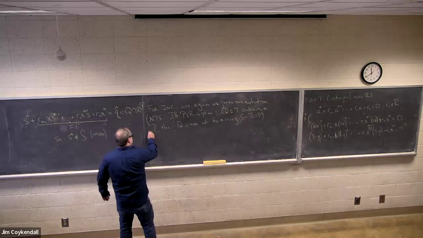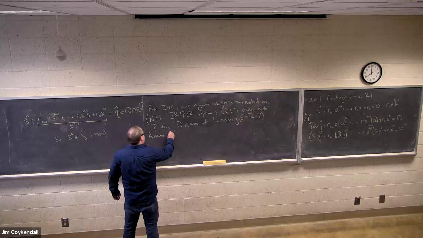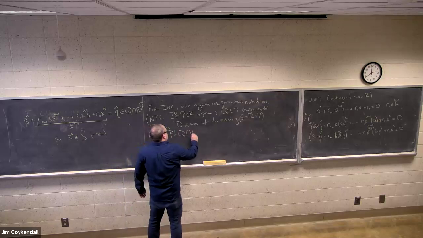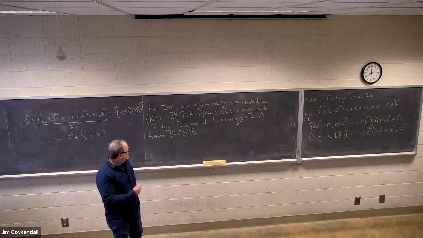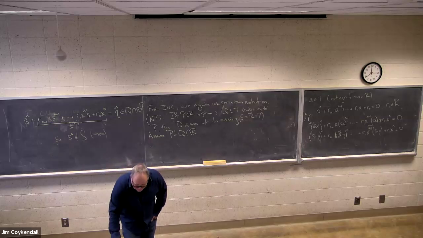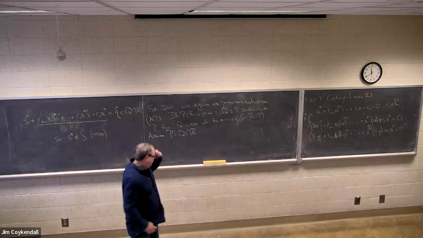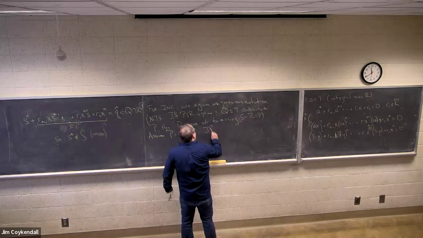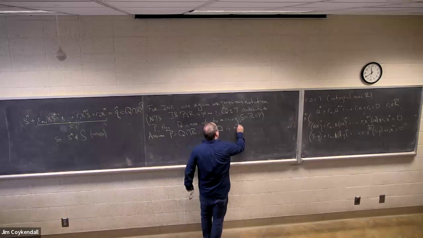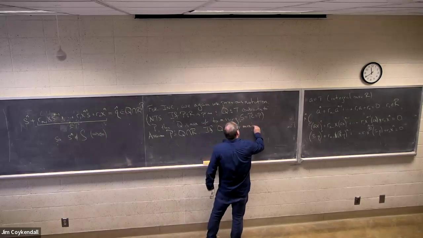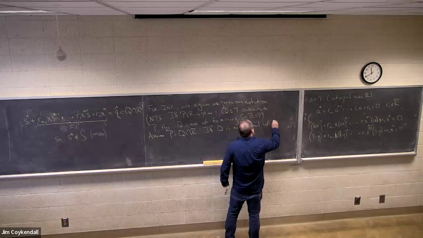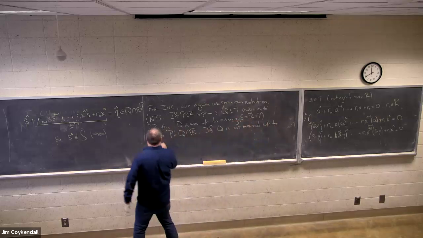Assume that Q contracts to P, and again, we're trying to show that Q is maximal with respect to missing the complement of P in R. Suppose Q is not maximal with respect to missing S.